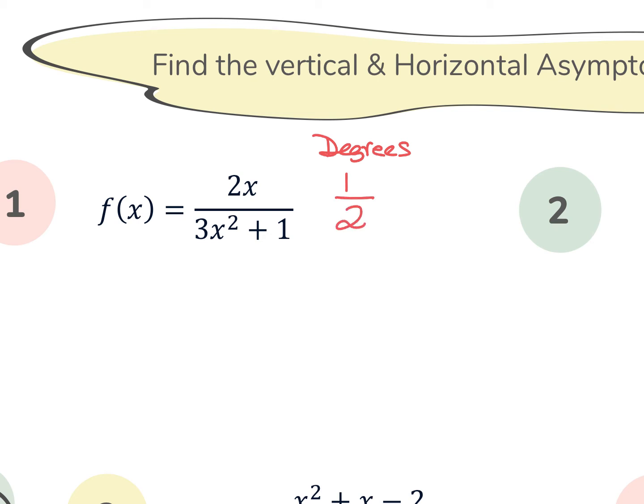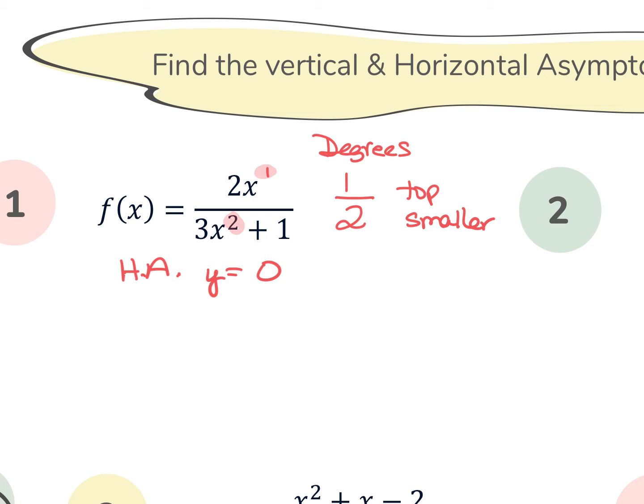This has a degree of 2. So again, I'm looking at the powers to determine the degree. So that's 1 and that's a 2. When the top is smaller, this tells me my horizontal asymptote is going to be located at y equals 0.